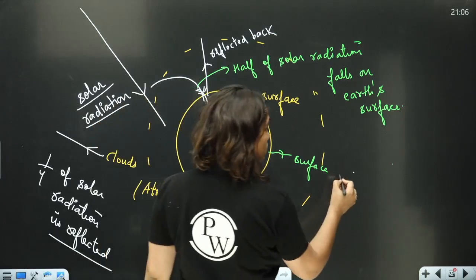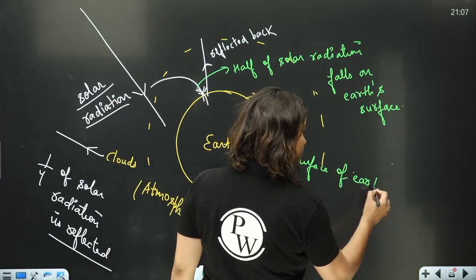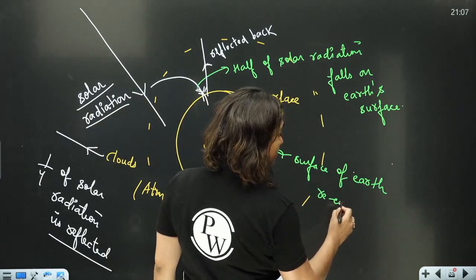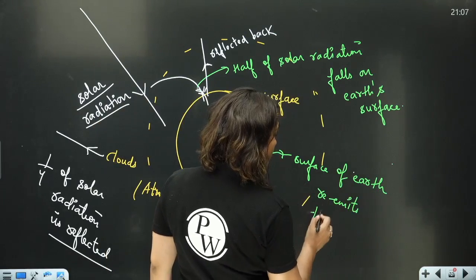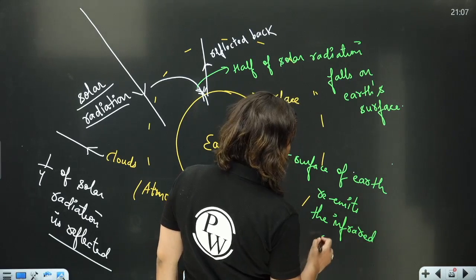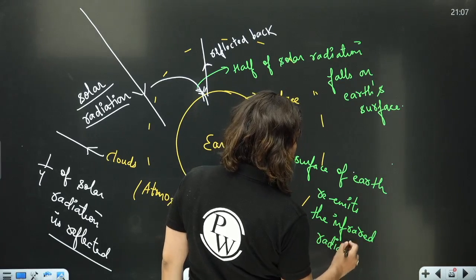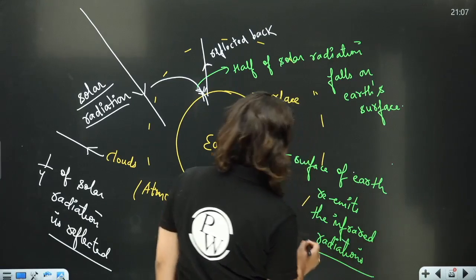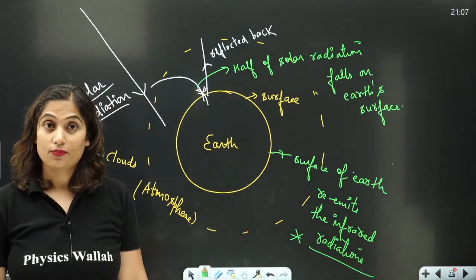So the surface of Earth, after absorbing, re-emits the infrared radiations, and you know that infrared radiations are radiations with longer wavelengths, right?